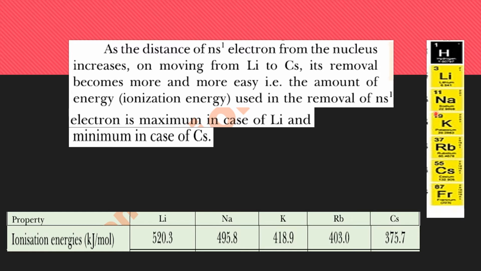So the removal of this one electron present in the valence shell becomes easy. Here you can see the ionization energies from lithium to cesium, and these ionization energy values are decreasing down the group.